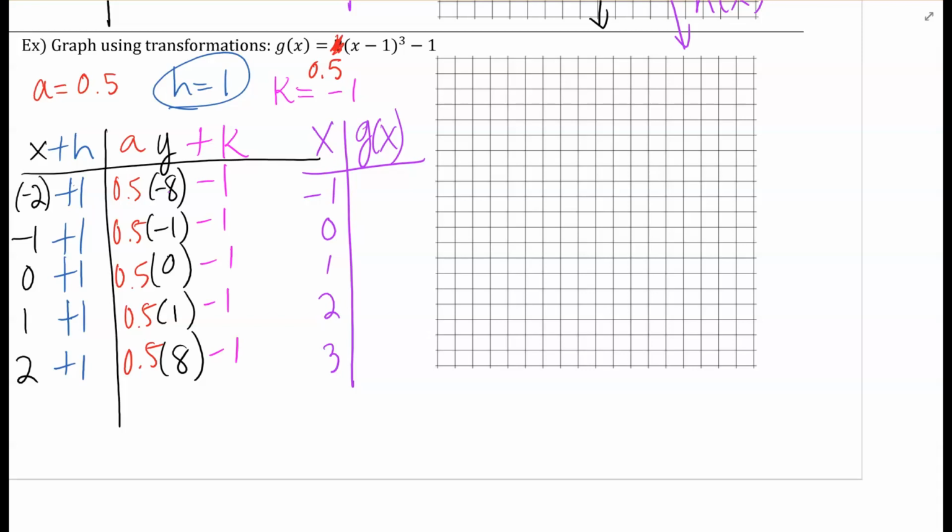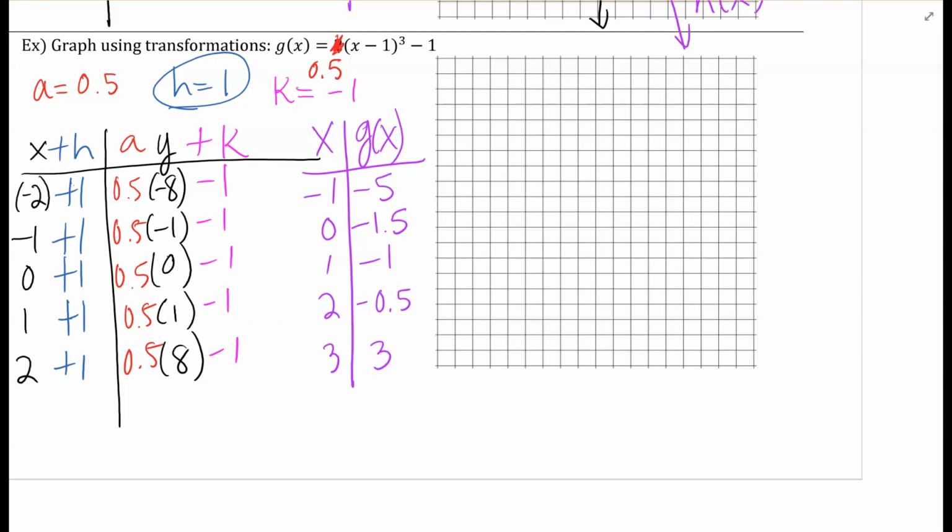So -8 divided by 2 is -4, minus 1 is -5. And then 0.5 times -1 is -0.5, minus 1 is -1.5. Anything times 0 is 0, minus 1 is -1. 0.5 minus 1 is -0.5. And then 0.5 times 8 is 4, minus 1 gives you 3.